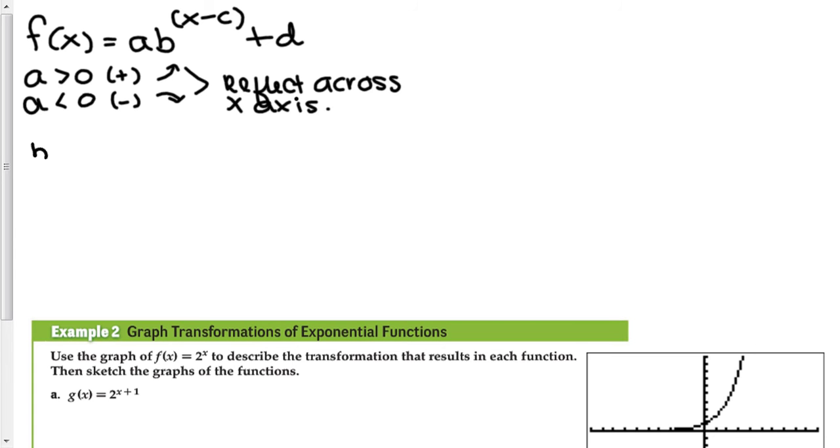Second, b. If b is bigger than 1, we have an increasing graph. If b is between 0 and 1, a decimal value like 1/2 or 1/5 or 1/3, then our graph is going to be decreasing.